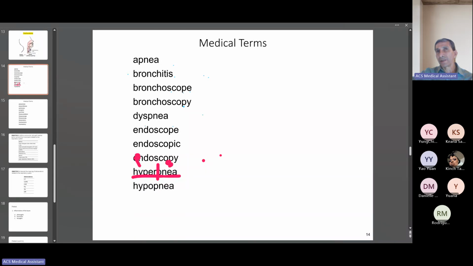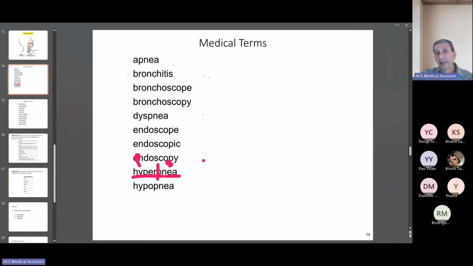So nia means breathing, air, oxygen. It means a lot of stuff. It all depends on the context that we find in that particular reading, which is the more appropriate definition.